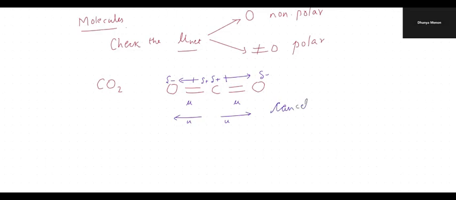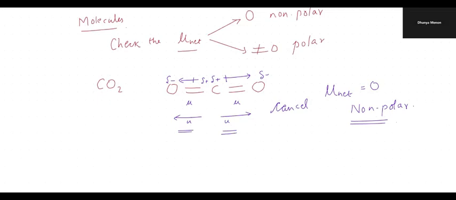So mu net is equal to 0. That means carbon dioxide is non-polar. Even though there is a difference in electronegativity, still it is non-polar. Why? Because the individual dipole moments are cancelling each other.